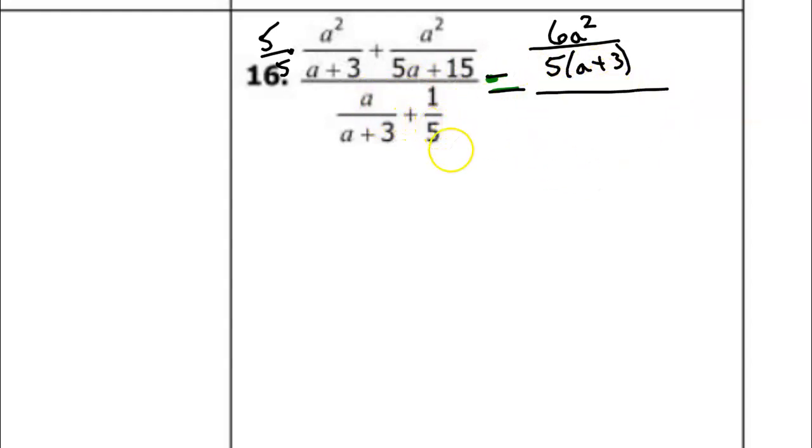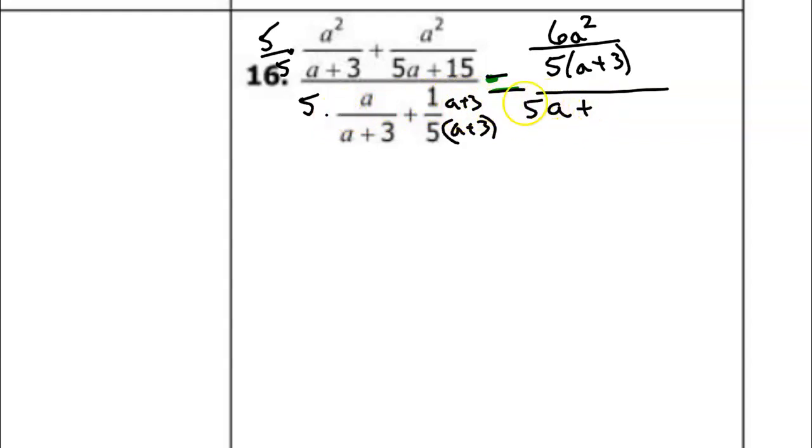So down here I need to multiply this side by a plus 3, and an a plus 3 here. And this one needs to get multiplied by 5. So in the numerator I'm going to have a plus, and then I have 5 a's.